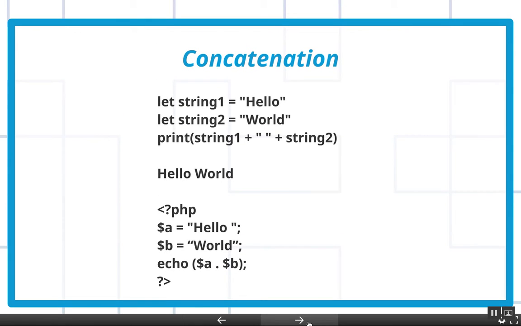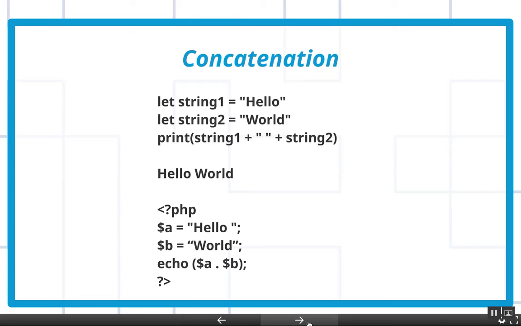Okay, concatenation means combining strings together. Most programs use the plus operator to add strings together to create a new string value. But, for example, PHP uses the dot or period as the concatenation operator. The first example shows two strings being concatenated.